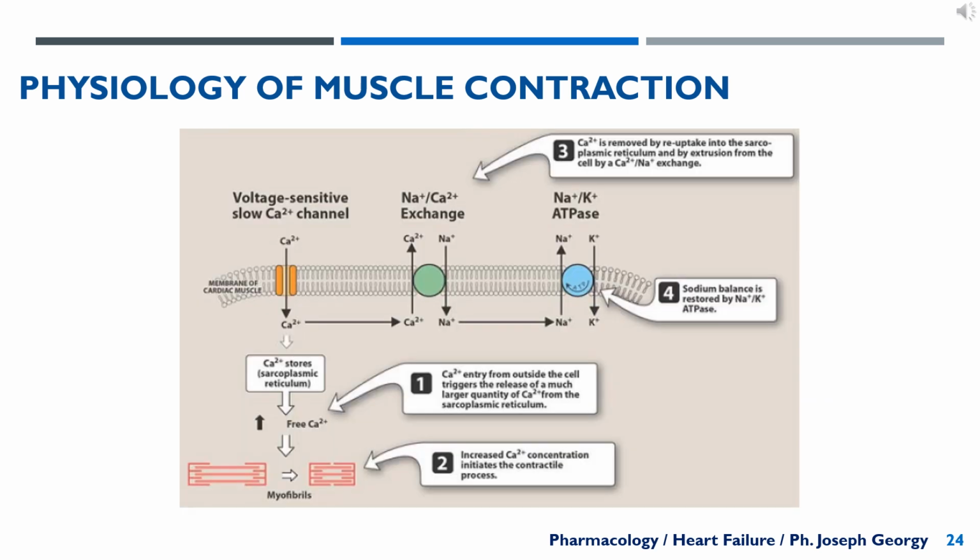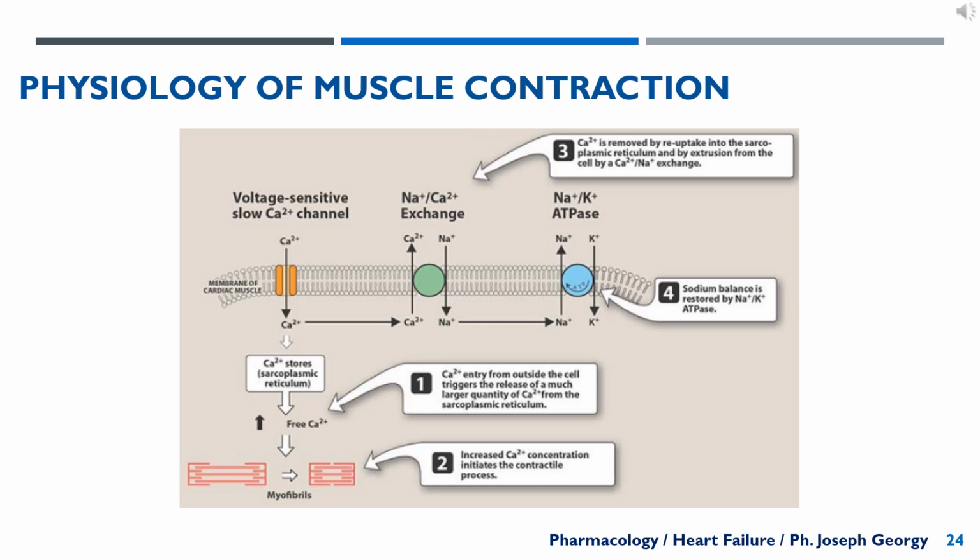Okay, here we can take a look at what happens actually across the two sides of the membrane of the cardiac muscle cell. Here we have the voltage-sensitive slow calcium channel and the sodium-calcium exchanger, and we have also the sodium-potassium ATPase pump. First of all, calcium entry from outside the cell triggers the release of a much larger quantity of calcium ions from the sarcoplasmic reticulum.